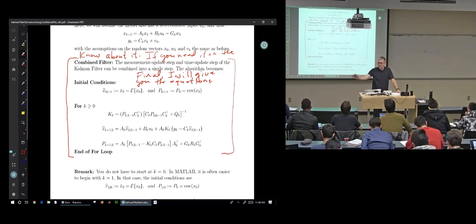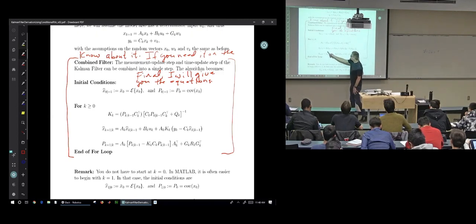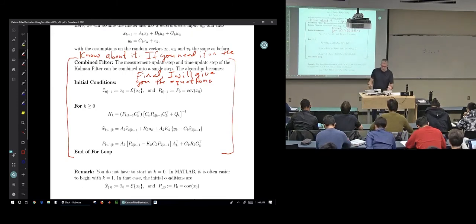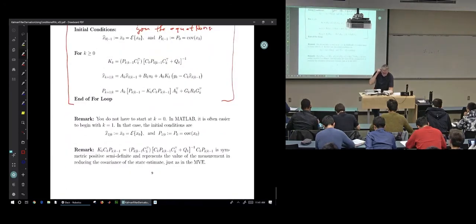It's only for my own reputation that I'm asking you to be aware that this is typically how the Kalman filter is written down, where you're propagating the conditional mean, you're propagating the conditional covariance, and from that you're getting what's called the Kalman gain here. And I think one of your homework problems will have you use that as well.